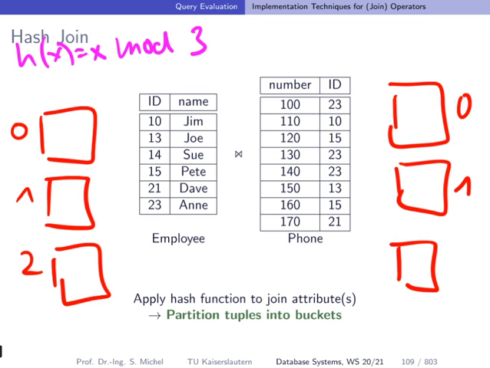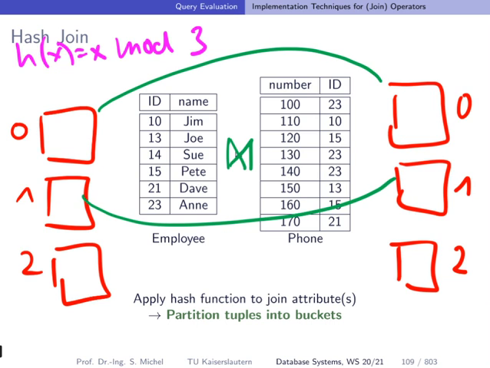0, 1 and 2. Now the observation is that it is sufficient to compute the join between these two tables by computing the join between partition 0 and partition 0, between partition 1 and partition 1, and between partition 2 and partition 2.